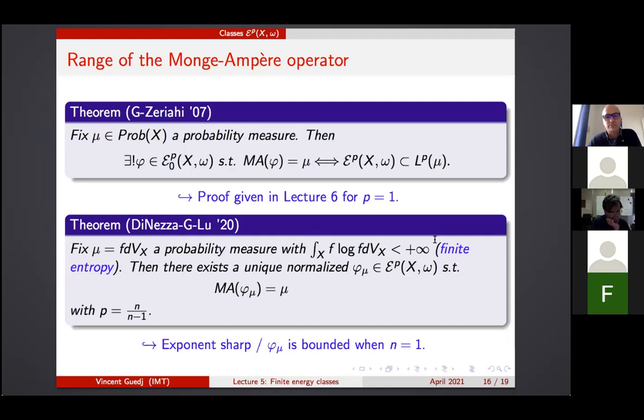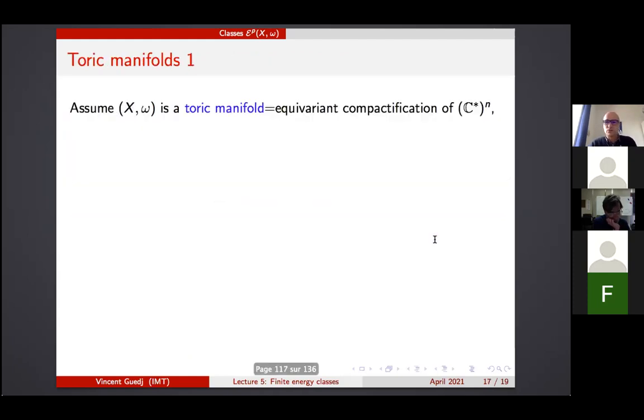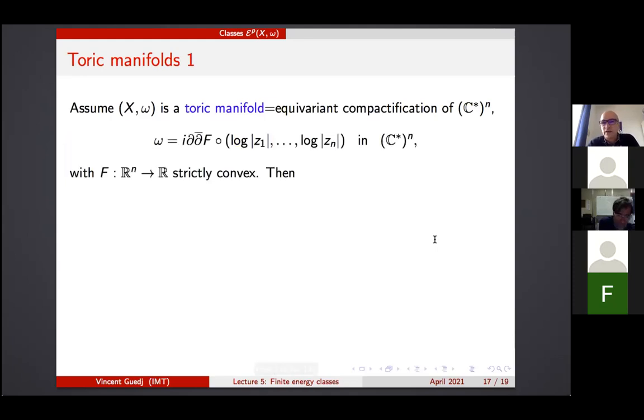in Kähler geometry. Okay, so to end this lecture, I'm now going to discuss a special class of Kähler manifolds, the so-called toric manifolds. So I assume that (X, omega) is an equivariant compactification of the torus (C*)^n. Then I assume that omega is toric as well.